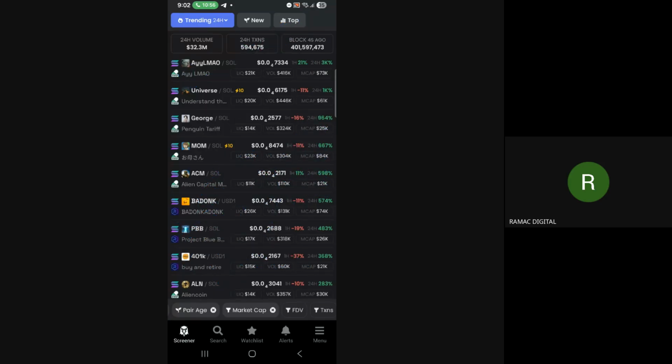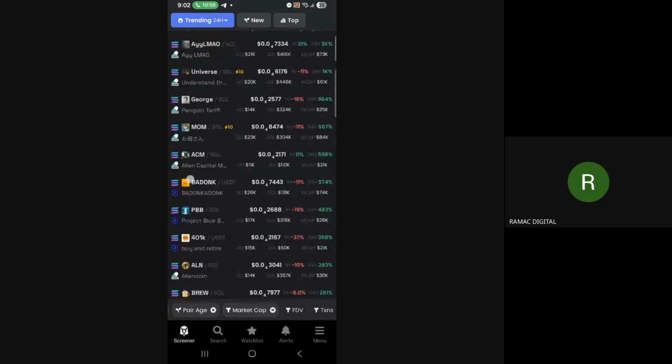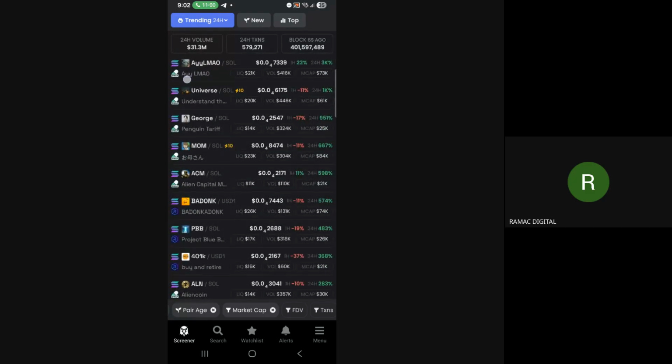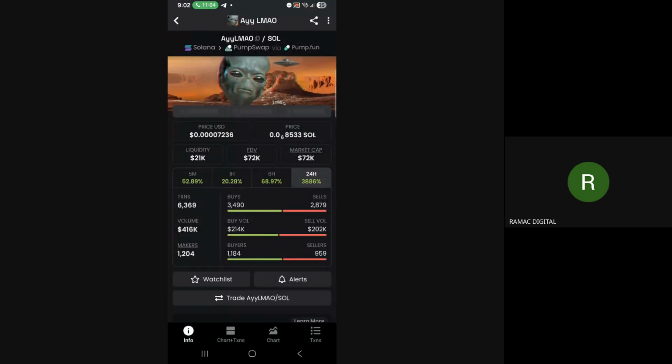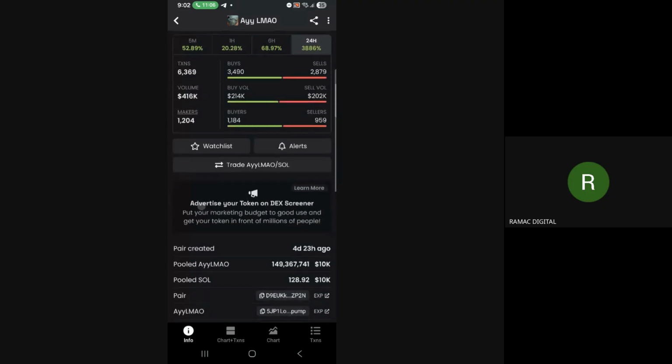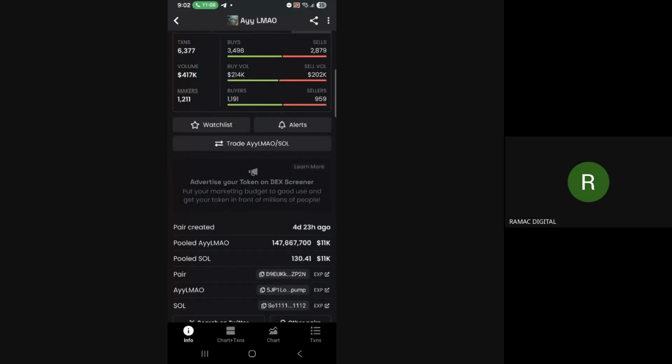So let us pick a coin. Let us say we pick this AYY lol coin. Now, how old is this coin? This coin is 4 days old, 23 hours ago.